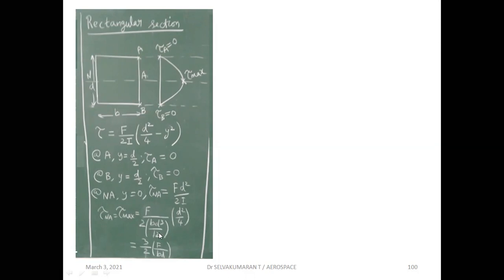I is nothing but bd cube by 12. So d square will get cancelled, and 12 by 4 is 3, so 3 by 2 into F by bd. F is the shear force, b into d is the area of the rectangle section.